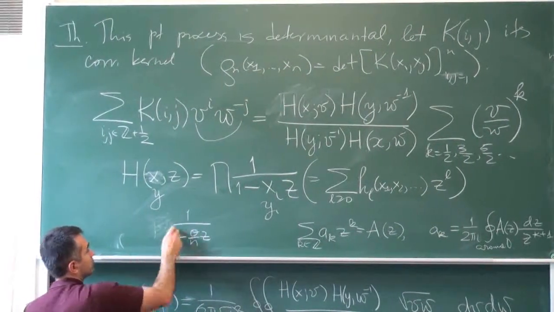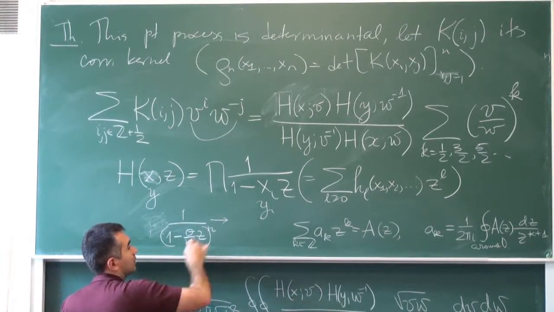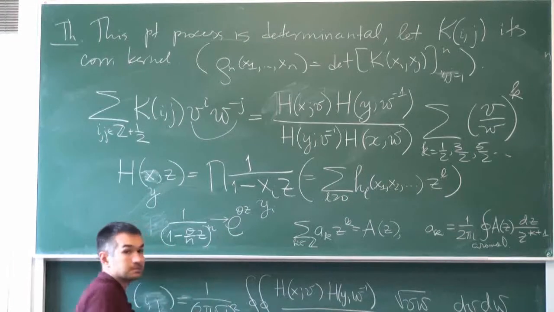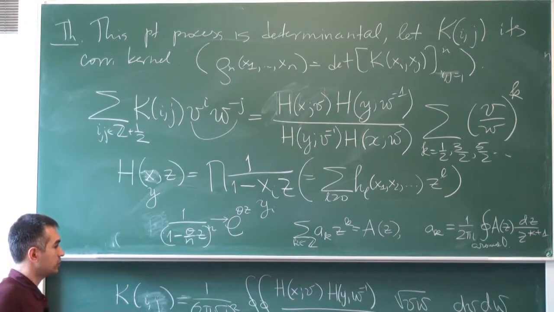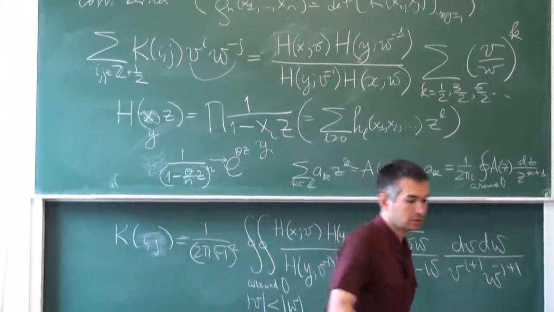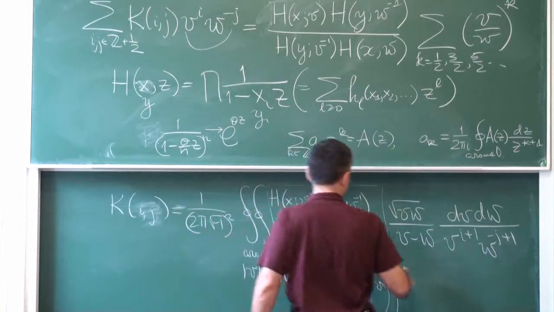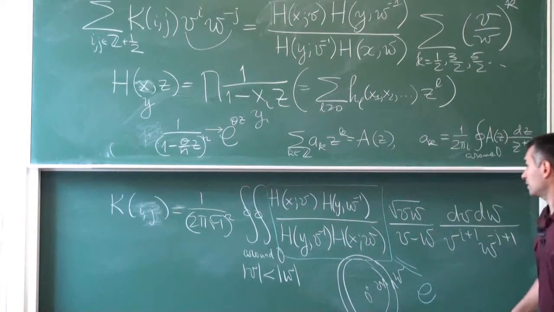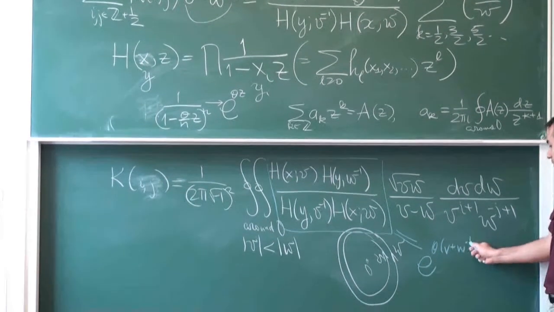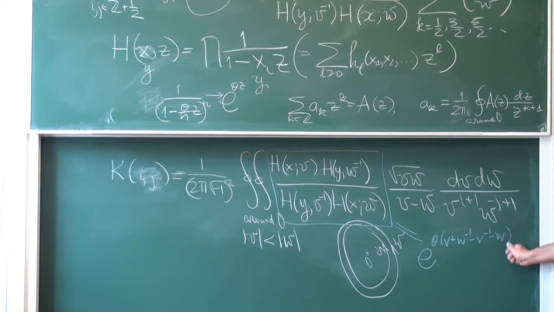So all terms are equal, so this is raised to the power n. And I hope everybody knows that this converges to e to the power theta z. And so in the Plancherel case, this formula simplifies a little bit in the following way. This object here is actually e to the power theta (v plus w inverse minus v inverse minus w).